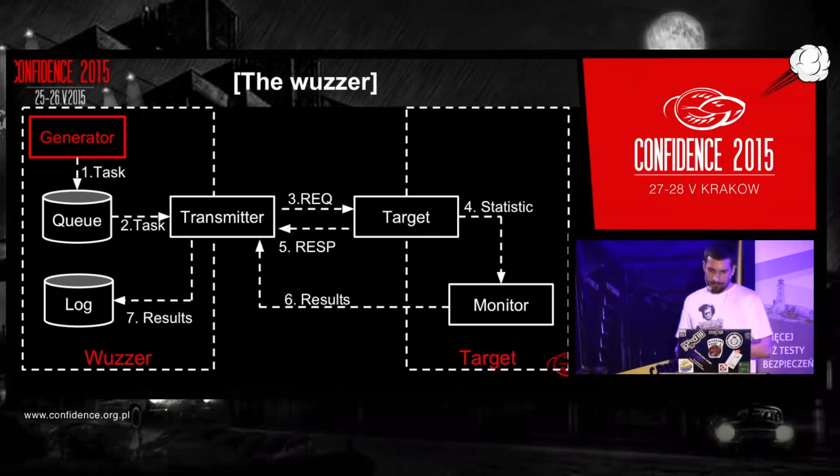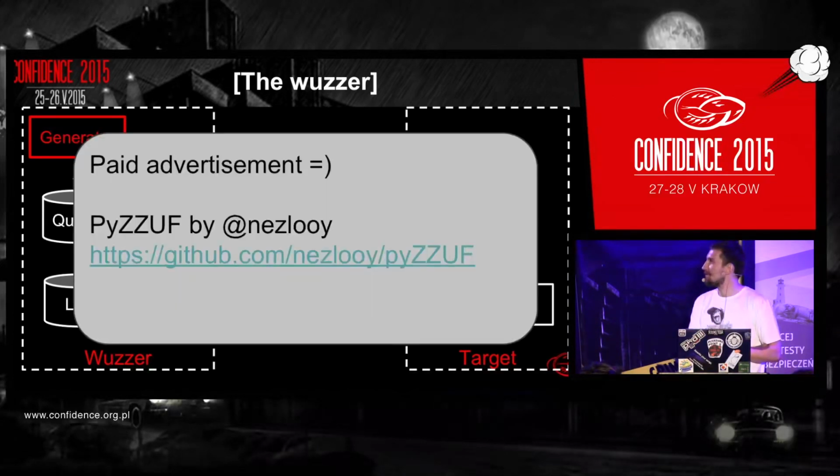For this purpose, I use a tool named PyZzuf. PyZzuf is a Python implementation of Zzuf, a general purpose fuzzer. And here's a bit of advertisement. PyZzuf, you may find it here. Its author is Nezloy, so you may look and check.